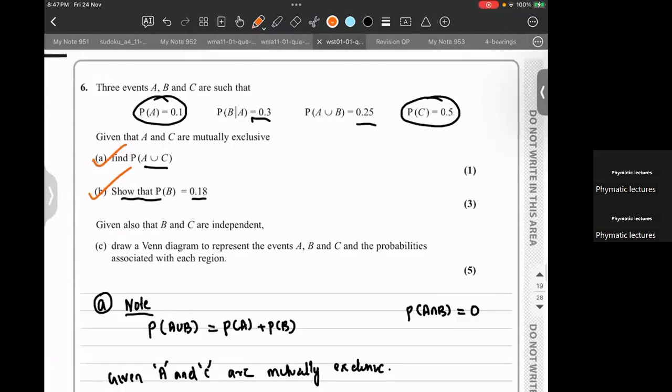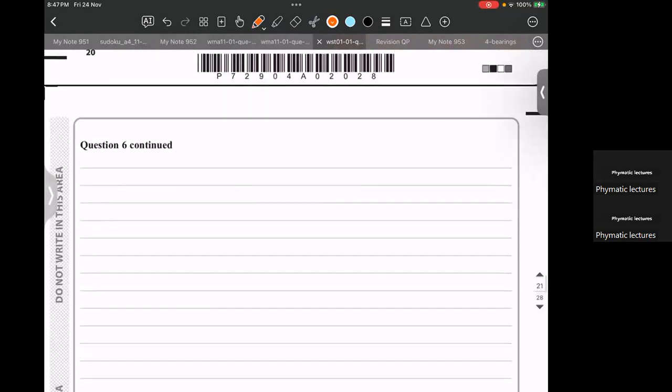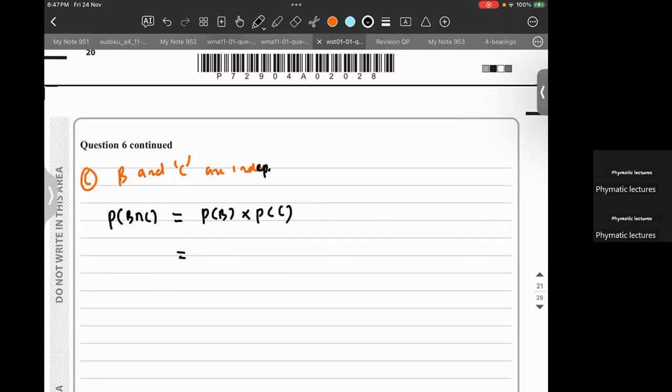So A question, B question we did. Given also that B and C are independent. So what is given in the C question? B and C are independent. So if two events B and C are independent, then probability of B intersection C is probability of B multiplied by probability of C. So what is probability of B?